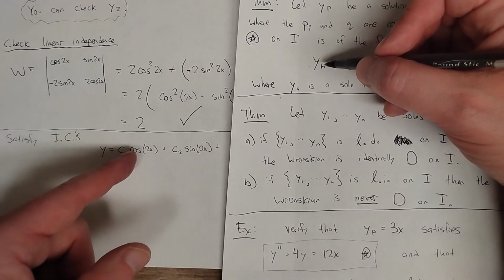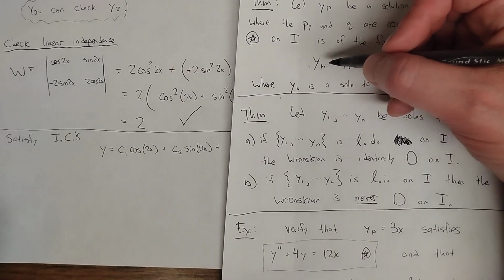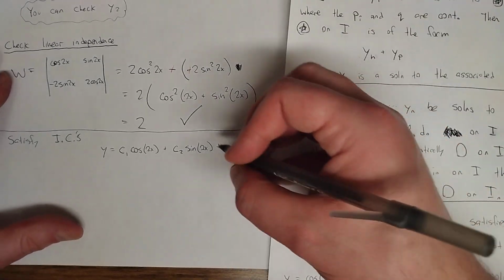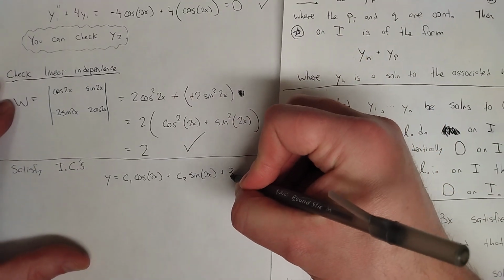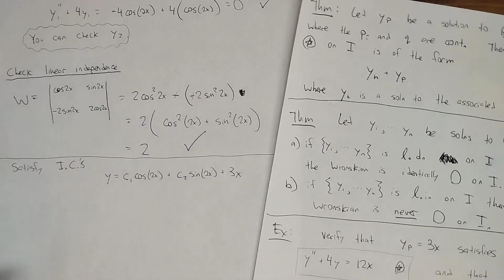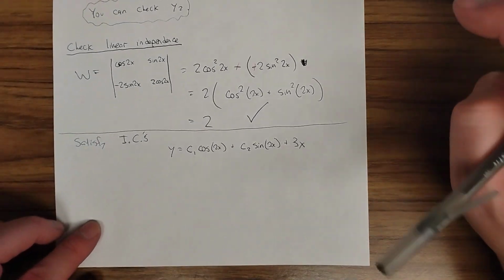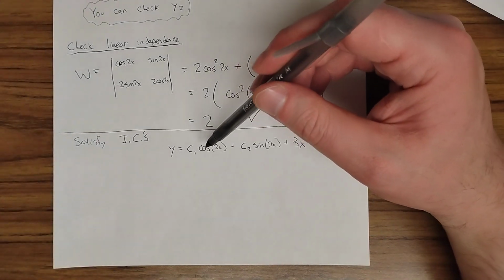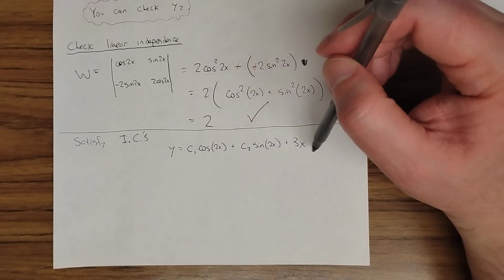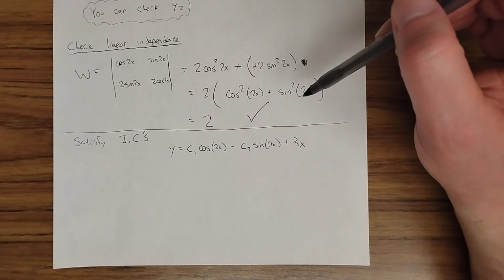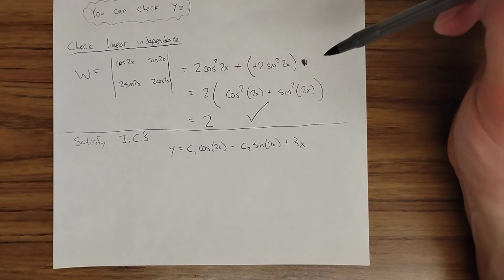That looks like a linear combination of my y1 and my y2. And then I have to add my y sub p, which was 3x. At this point, I know that the solution I'm looking for has this form. I just don't know what C1 and C2 are, but that's what I'll find out.